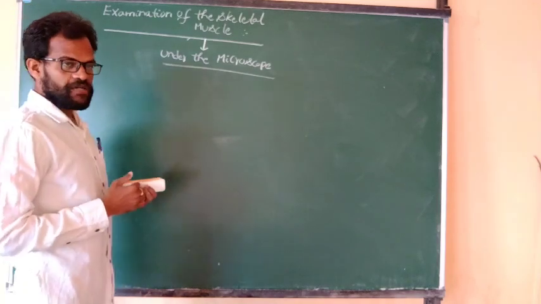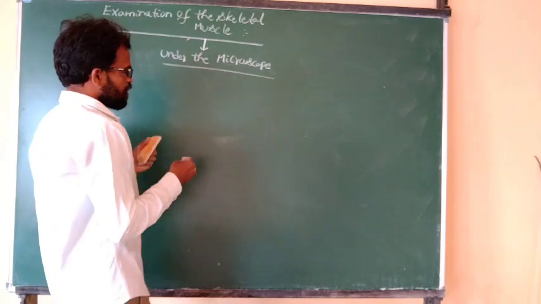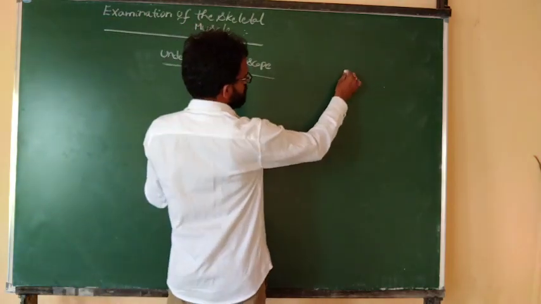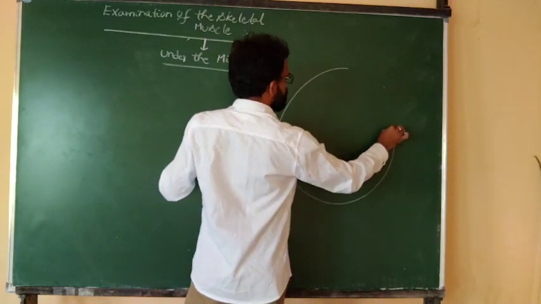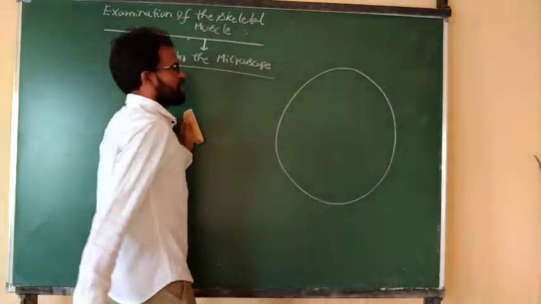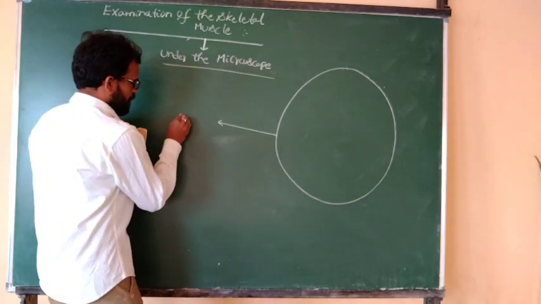What is the arrangement? What are the structures present in the muscle? If you observe the muscle, it is an examination of the muscle. What is the first one? Muscle.